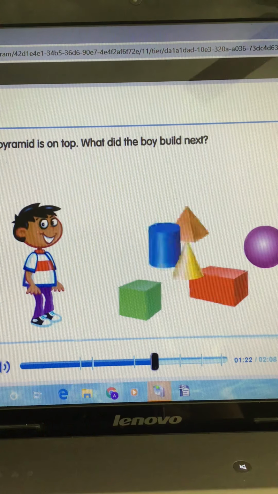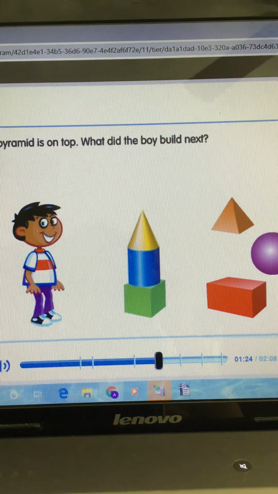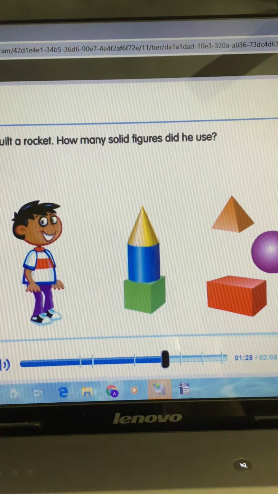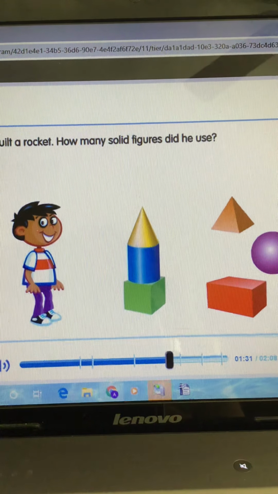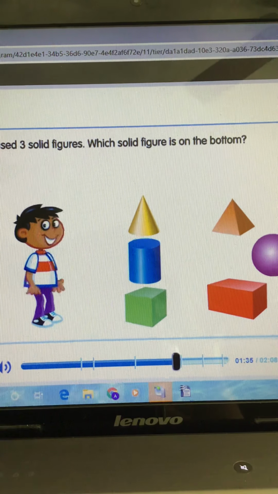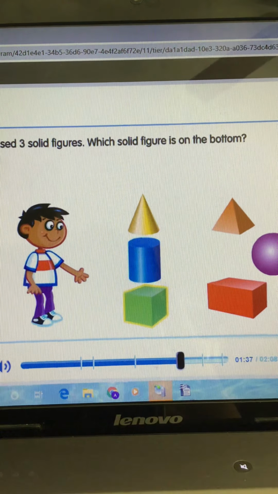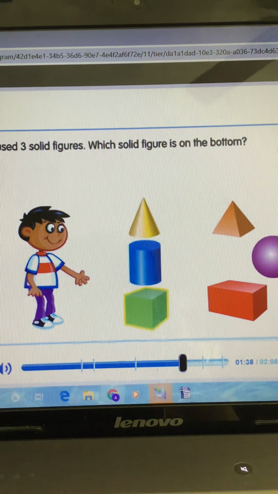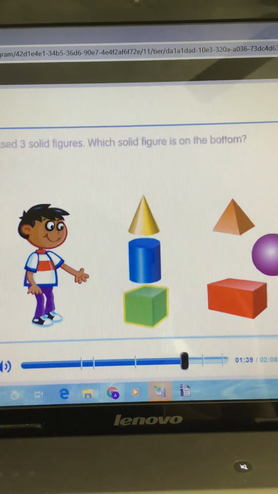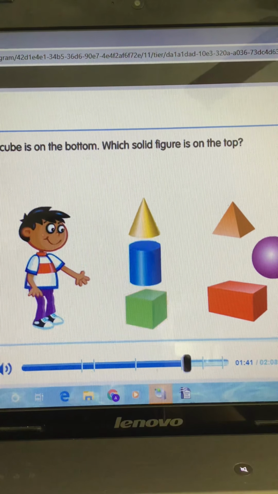What did the boy build next? He built a rocket. How many solid figures did he use? He used 3 solid figures. Which solid figure is on the bottom? The cube is on the bottom.